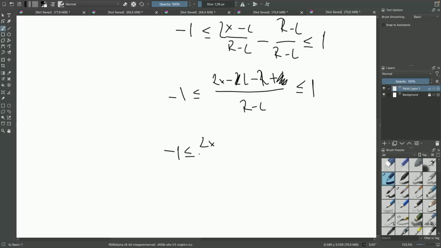So we have 2x times right side minus left side, and then we're going to have minus, so it's going to be right side plus left side, right? Because this is minus L, and because this is negative, right?